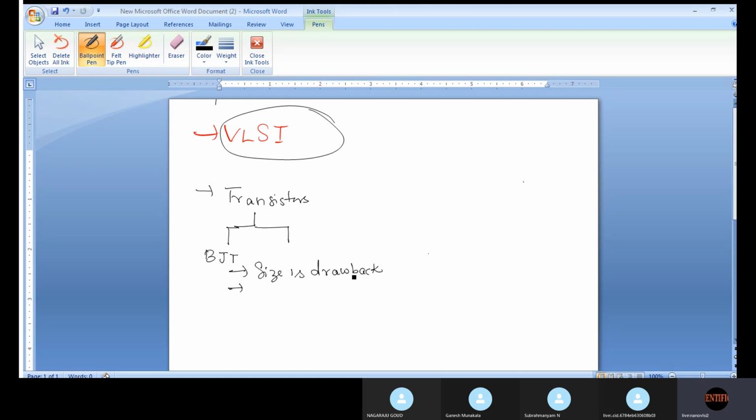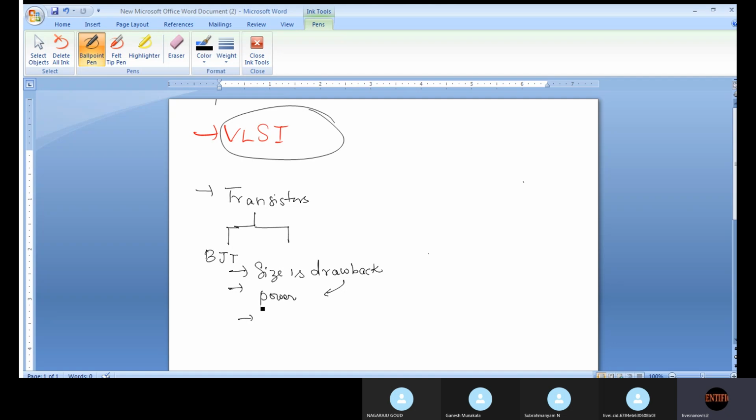Before the existence of MOS, electronic devices were fabricated using BJT only. The main drawback is size, and also bipolar junction transistors consume more power. Power consumption was more, so power is also a drawback.